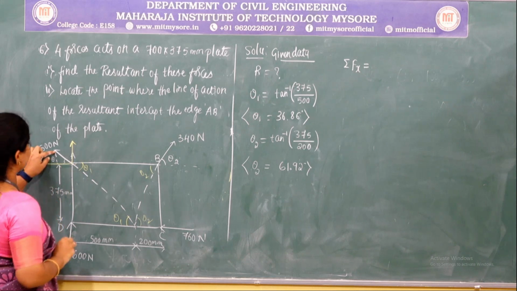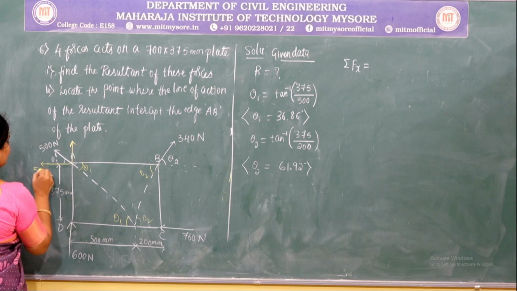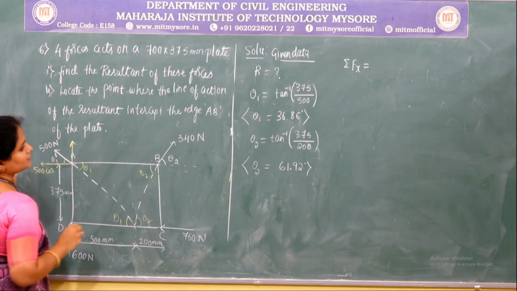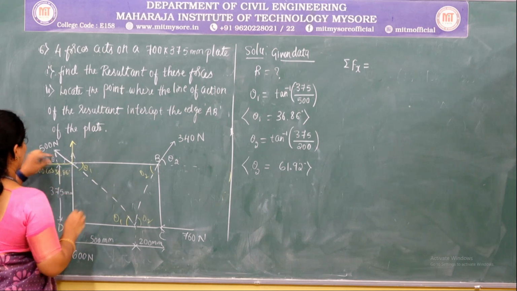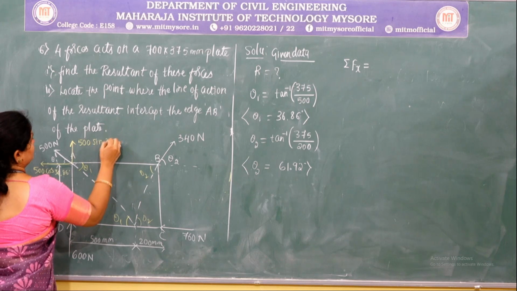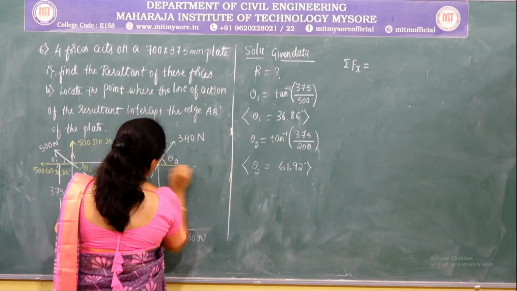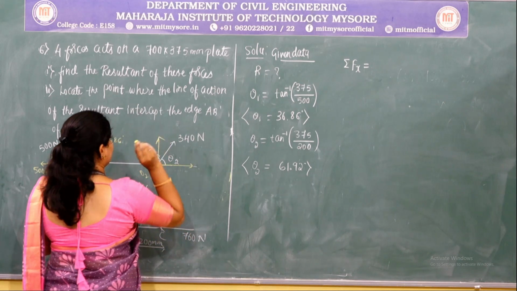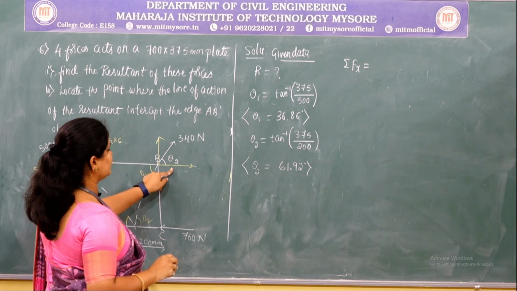So the direction of which is going to lie in the second quadrant. So the horizontal component is 500 cos theta 1, that is 36.86, and the vertical component is 500 sin 36.86. At point B there is a 340 Newton force whose direction is going to lie in the first quadrant.